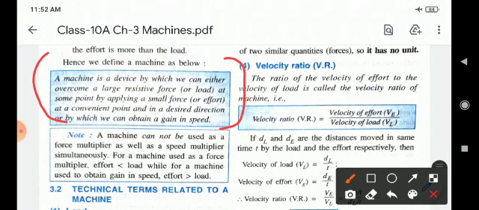A machine cannot be used as a force multiplier as well as a speed multiplier simultaneously. For a machine used as a force multiplier, effort is less than load, while for a machine used to obtain gain in speed, effort is greater than load.